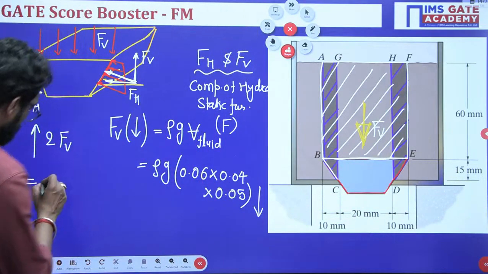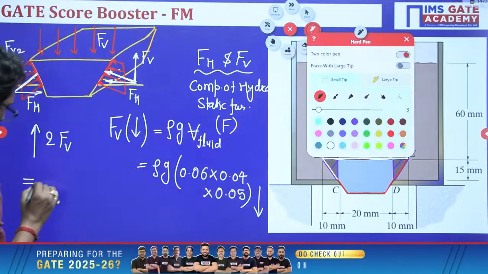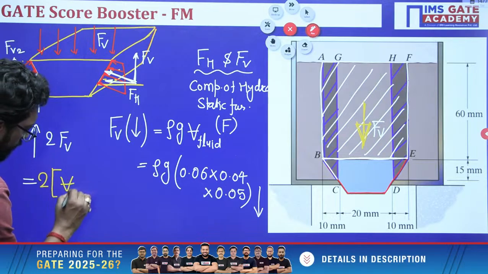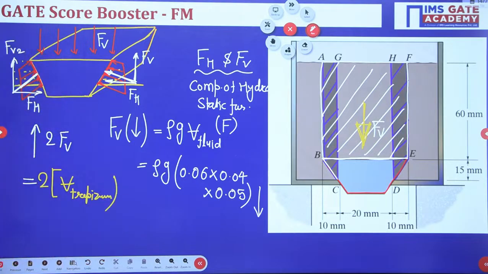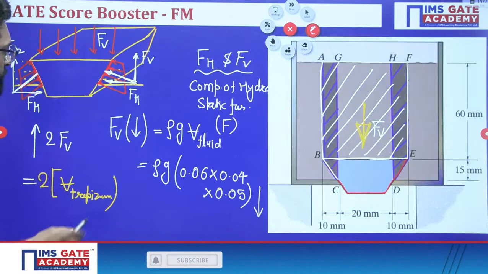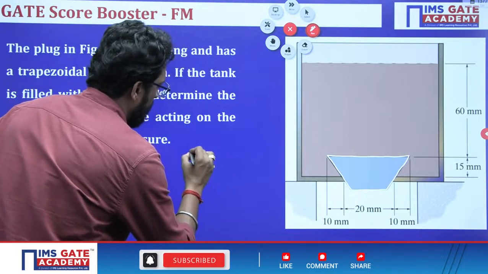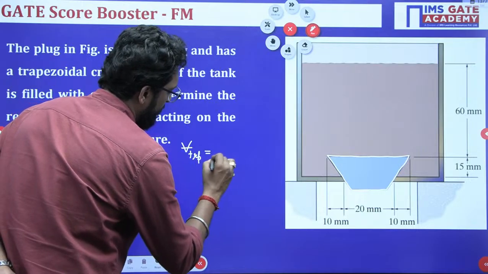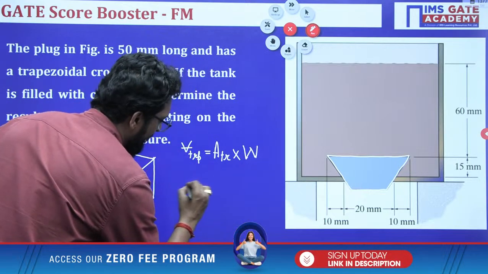So 2 into the volume of the trapezium, and the volume of the trapezium is the area of the trapezium into the width.